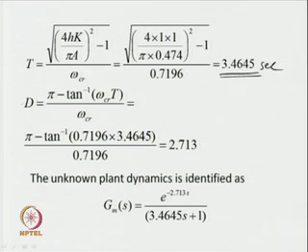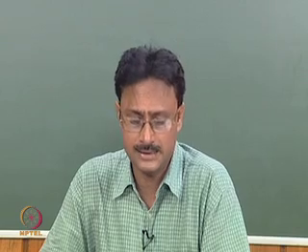Now, the time delay can be estimated using the formula d equal to pi minus tan inverse of omega CR T upon omega CR, which is equal to 2.713 seconds.